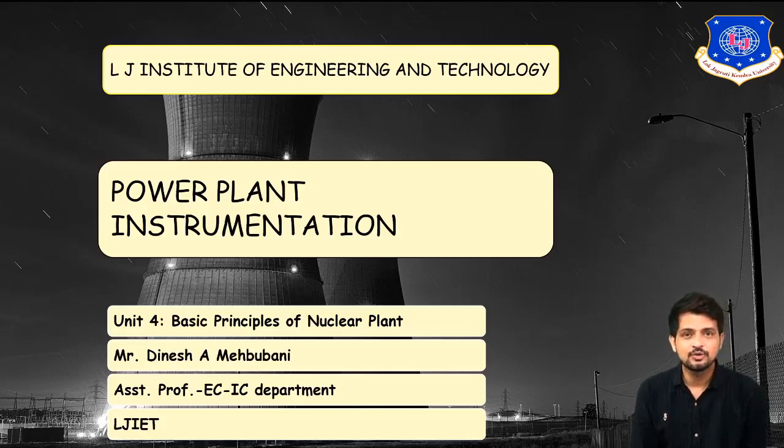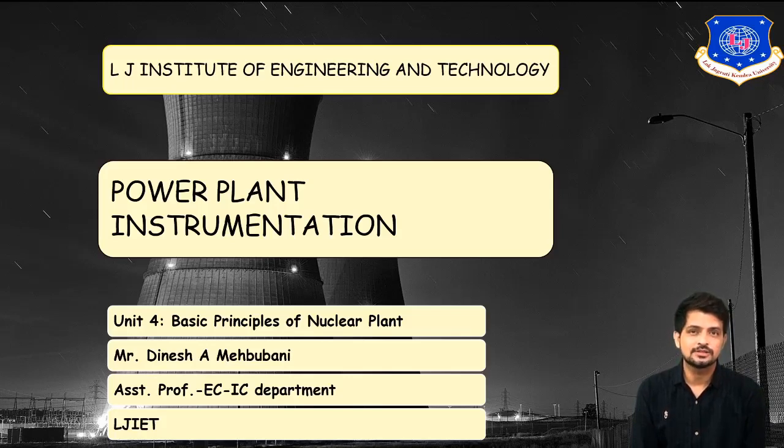And we have started unit number 4, that is basics of the power plants. Basic principles of a nuclear power plant, which we have already studied: what is nuclear fission, and the basic fundamentals of the nuclear power plant. Let us revise the things quickly.